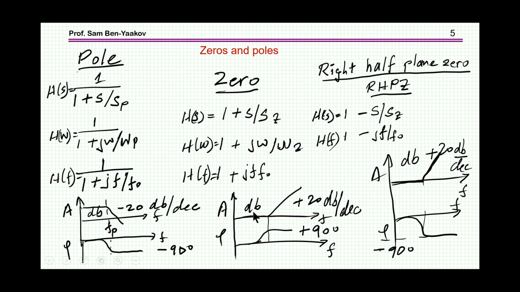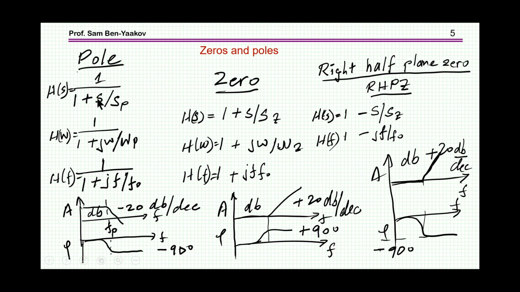Now, let me talk about zeros and poles. If I have an expression in either a phasor form, complex form, or a Laplace form, then we can distinguish between some very basic elements of transfer functions, and as it turns out, most of the system will be a combination of these.